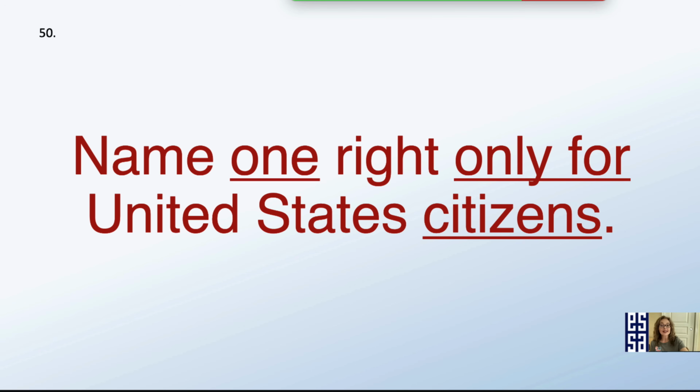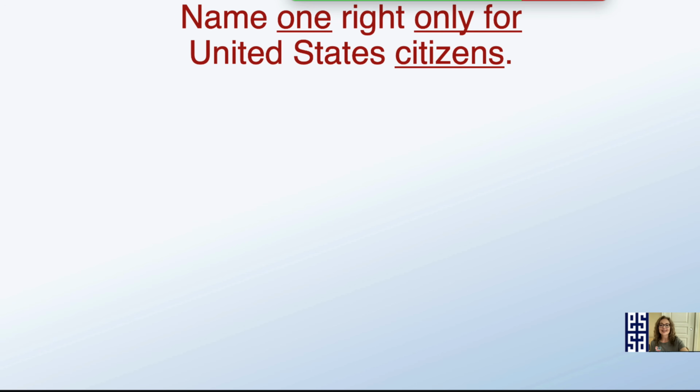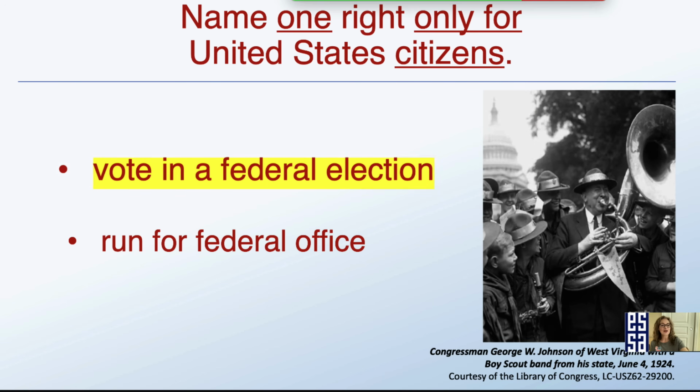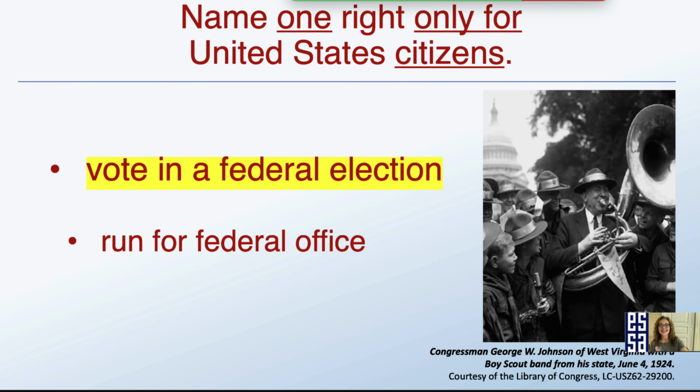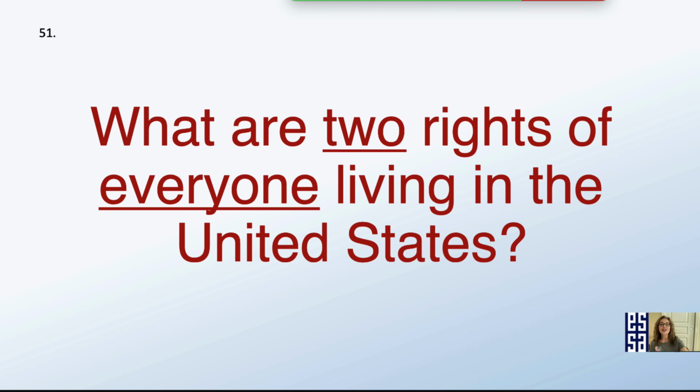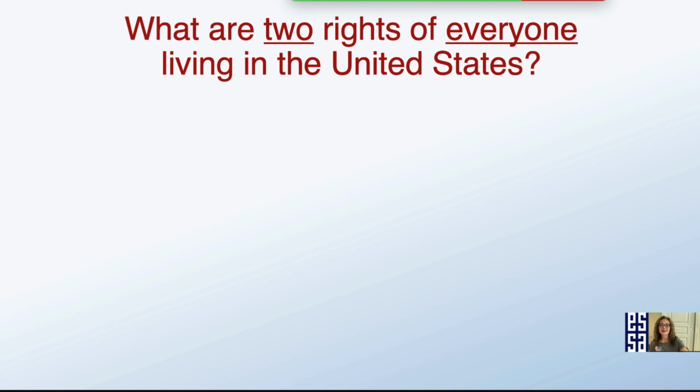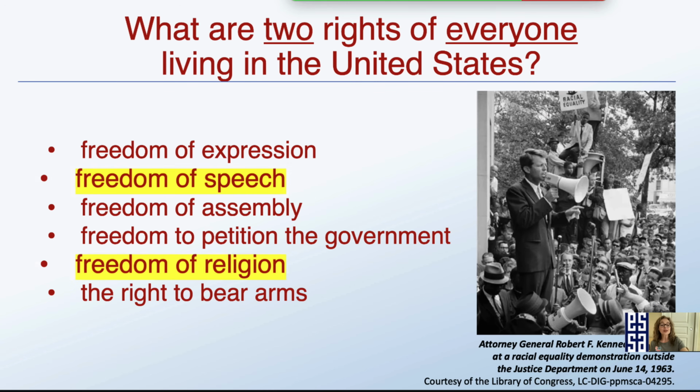Name one right only for United States citizens. To vote in a federal election. What are 2 rights of everyone living in the United States? Freedom of speech and freedom of religion.